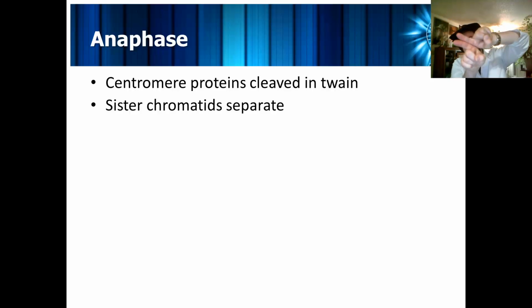When they split, they do this, and they start moving towards opposite poles. So this is the sister chromatids together here, and when they split, they become daughter chromosomes. This is a daughter chromosome. This is a daughter chromosome.